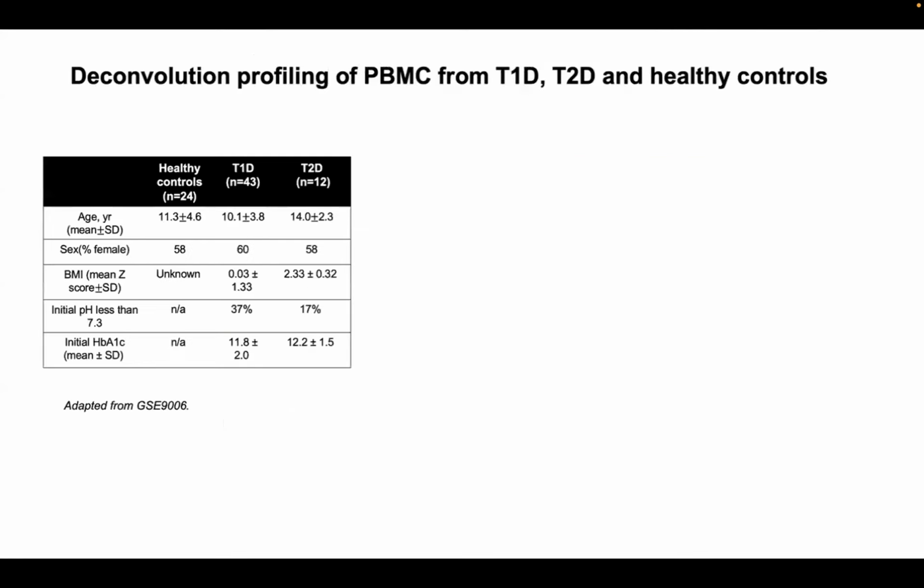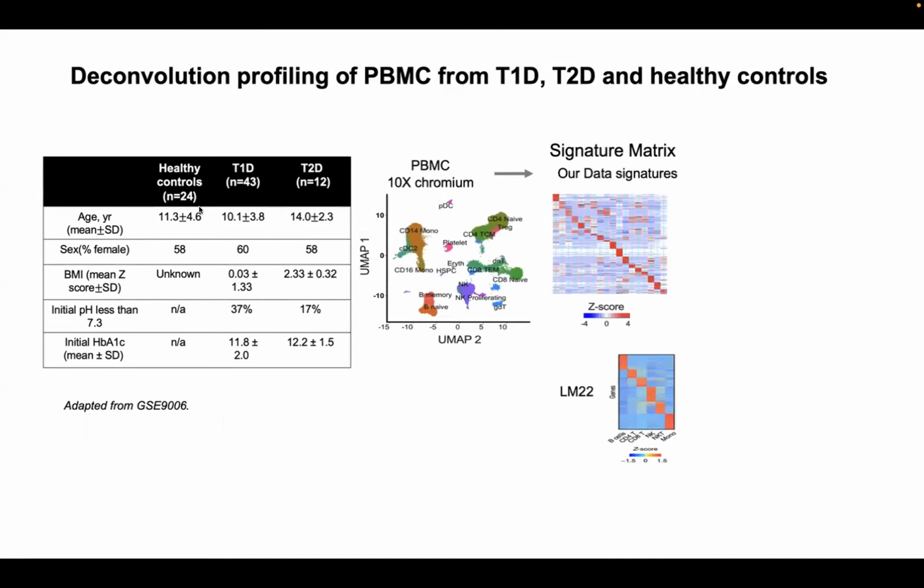The first example is that we deconvoluted PBMC cells from one very old microarray data set that collected PBMC samples from healthy controls, T1D samples and T2D samples. The mean age of them is around 11, so it's very similar to our single cell RNA distribution, and we derived our own signature from this data set.